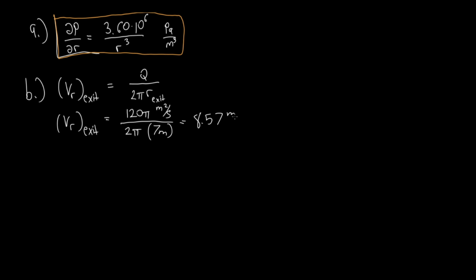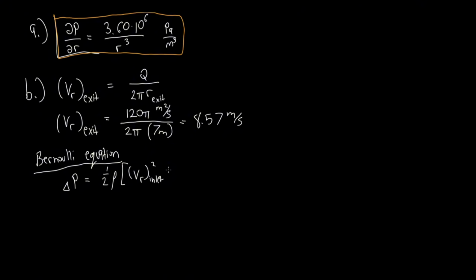And if we solve for that, we will get 8.57 meters per second. And so what we're going to do is go back to the Bernoulli equation. And we're going to say the pressure difference, delta P, is simply equal to the difference in dynamic pressures, because that's all that's changing here. So we're going to have 1/2 rho Vr at the inlet squared minus Vr squared at the exit.